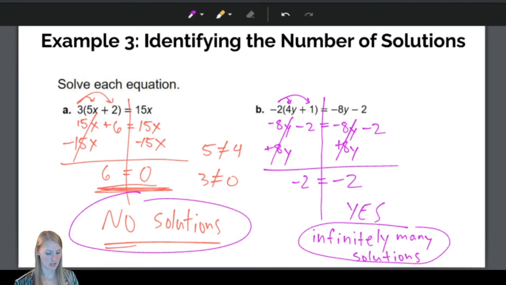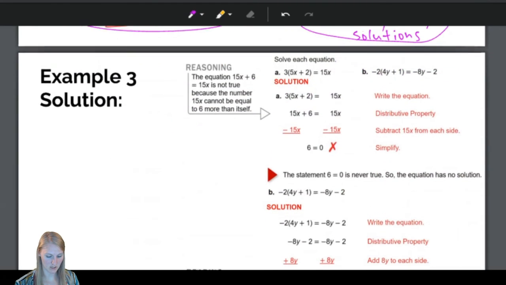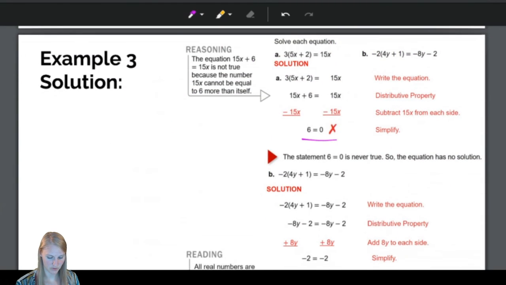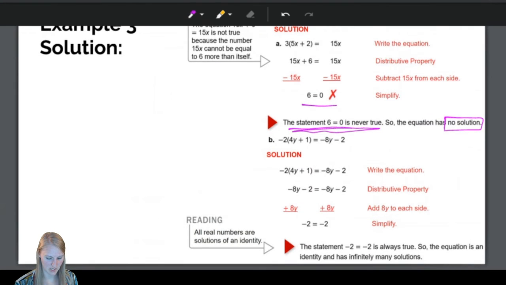Okay, alrighty, let's see if we were correct. 6 equals 0. The statement 6 equals 0 is never true, so the equation has no solution. And part B, the statement -2 equals -2 is always true, so the equation is an identity and has infinitely many solutions.